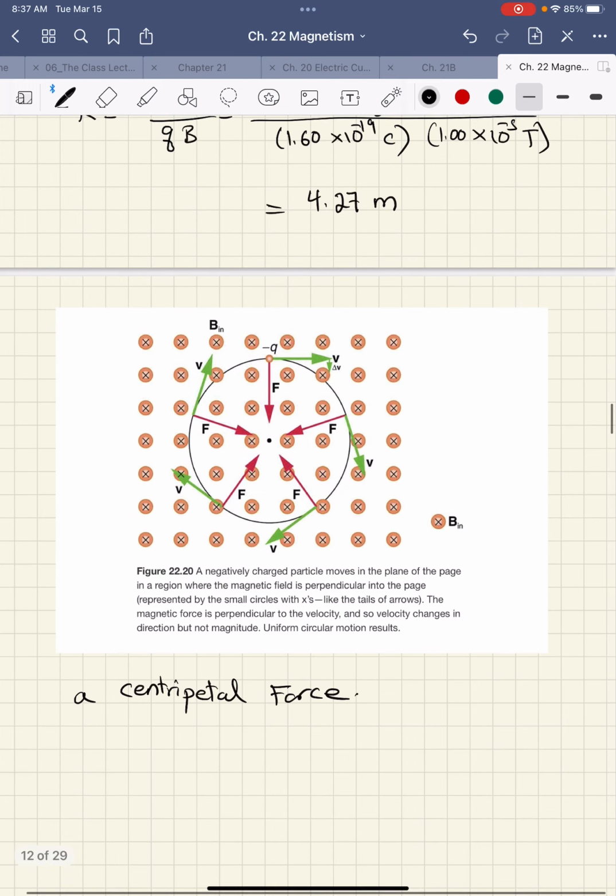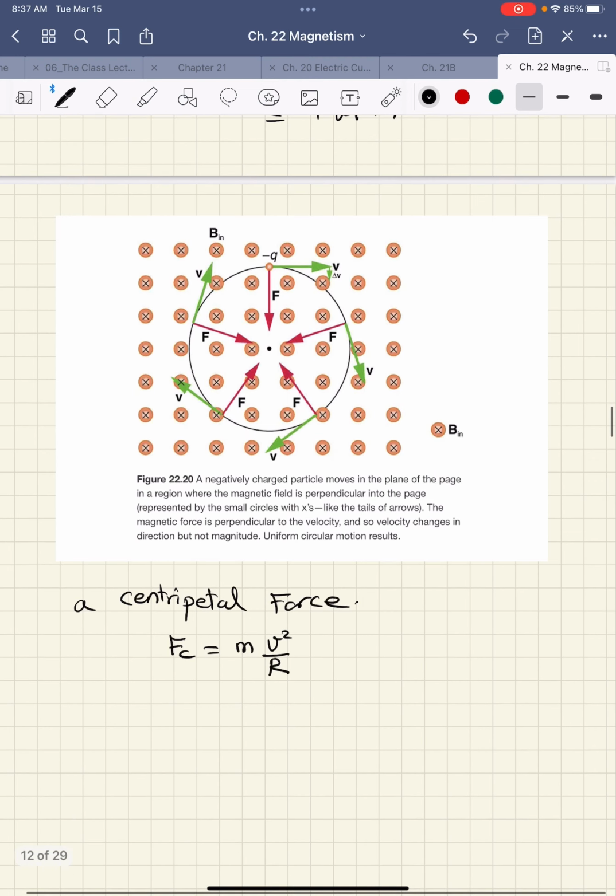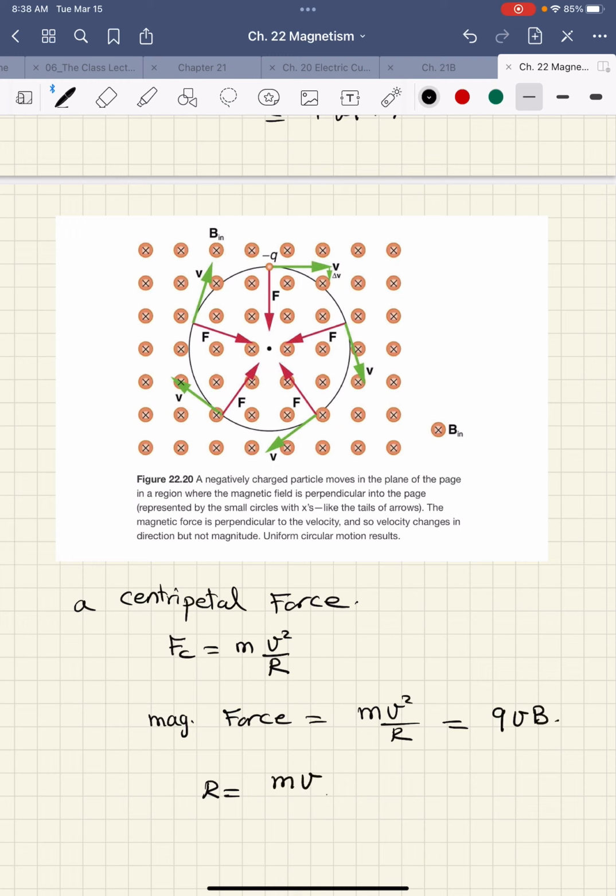And that Fc, remember this is from Physics 120, chapter 6. That magnetic force is going to create this type of motion, and therefore I can find the radius for that motion as R equals mv divided by qB.